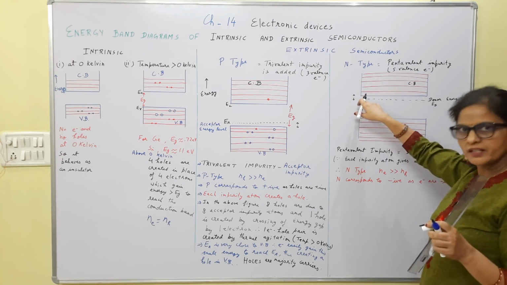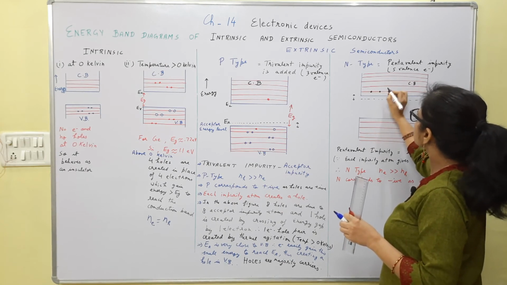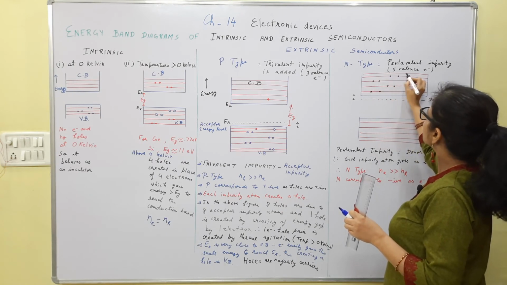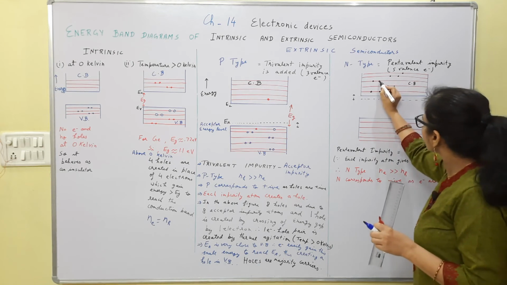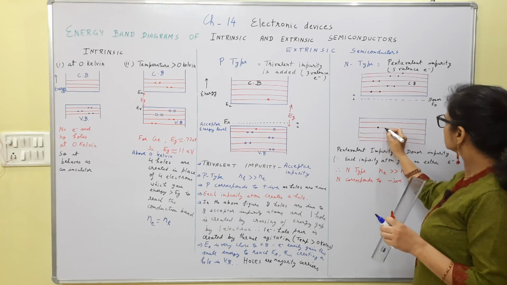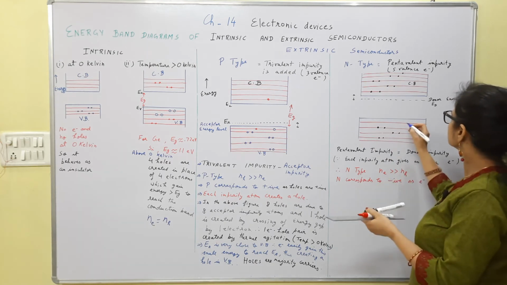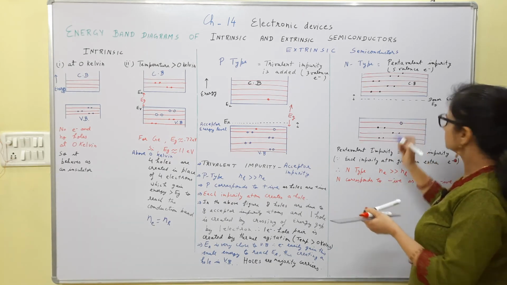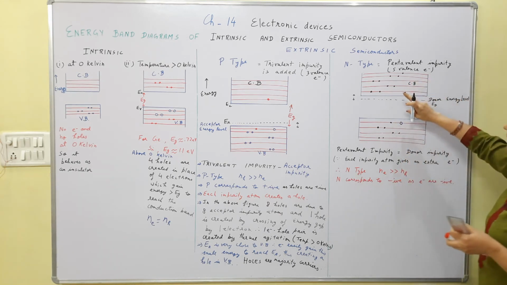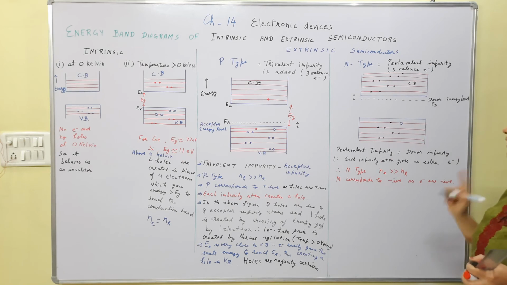Now here I can draw this 1, 2, 3, 6. You can see here that there are 9 electrons in the conduction band.